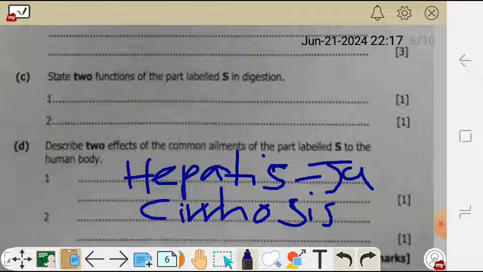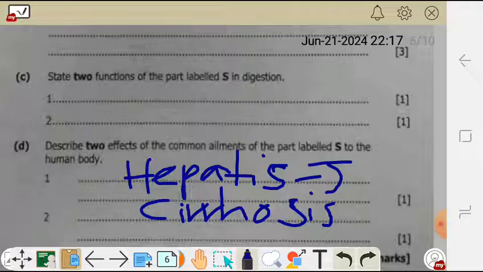Jaundice is simply changing of the skin so we look somehow pale. And then apart from that, we can also have depleting of protein factors, clotting factors. So clotting factors are going to be finished. Why? Because the liver here is affected, and we know the liver produces those clotting factors.